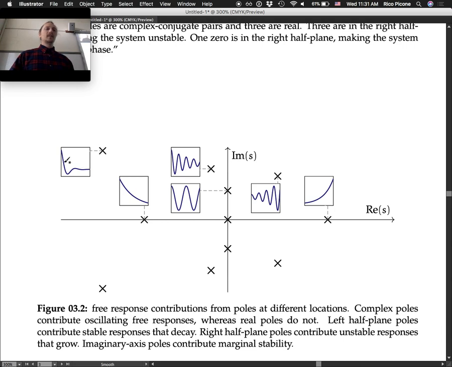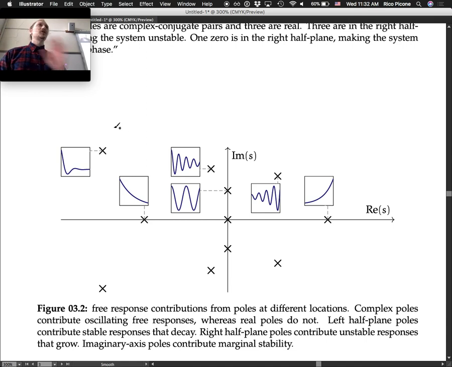If you've got a complex conjugate pair and you start off with some initial condition, you're going to see this thing return to equilibrium, but it's going to oscillate, right? This oscillation occurs because it's got some non-zero imaginary part.